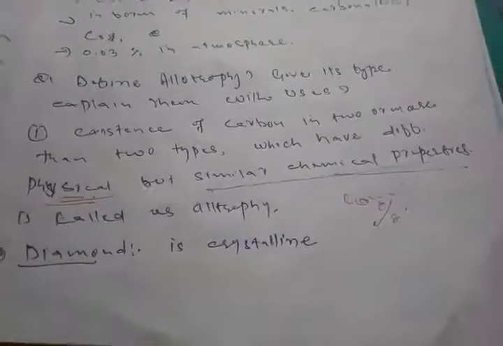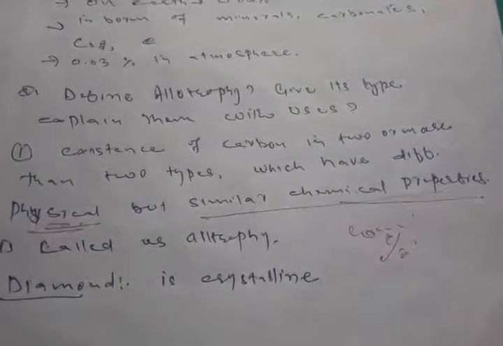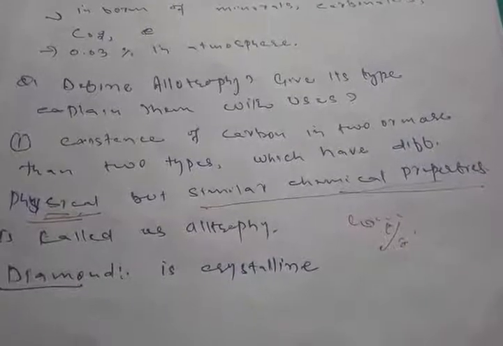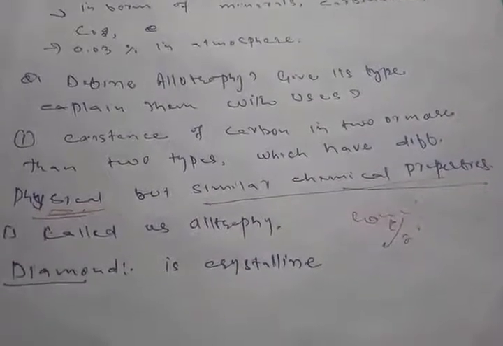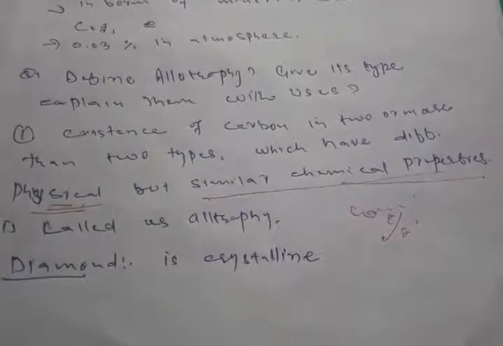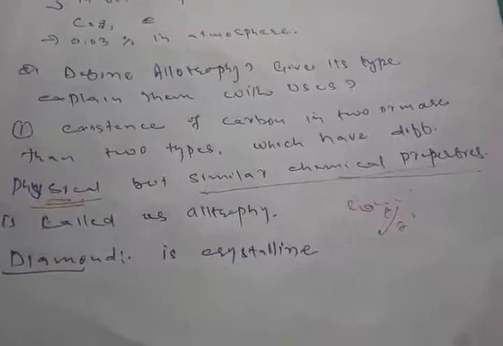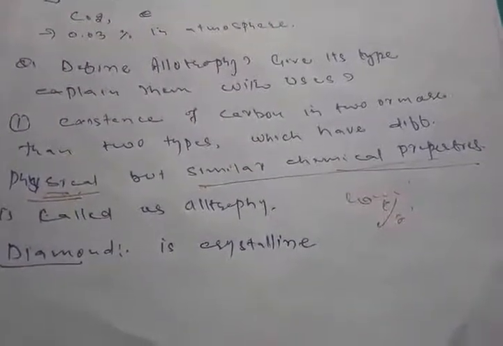In plants, let's suppose we take an example. In case of plants, if the concentration of carbon is high, simultaneously the percentage of carbon present in animals is also higher. Some percentage is higher than the plant's concentration. So here the structure of plants is different from the structure of animals.